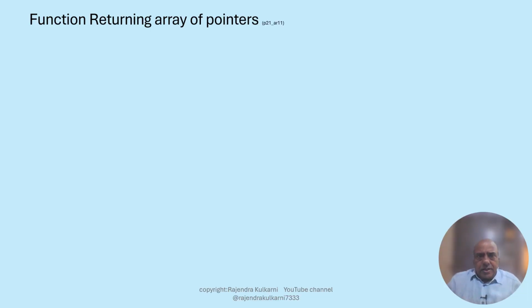So in this slide, what we are going to see is how a function returns an array of pointers. We know that a function can return only one value. If it returns a variable of type int or float or char, it will return only one value.